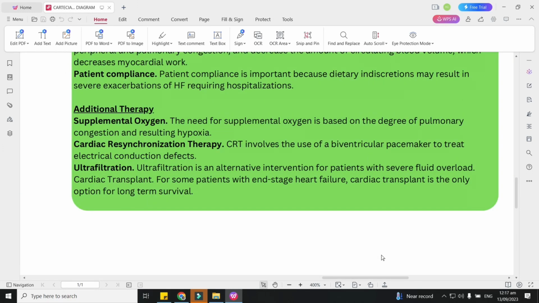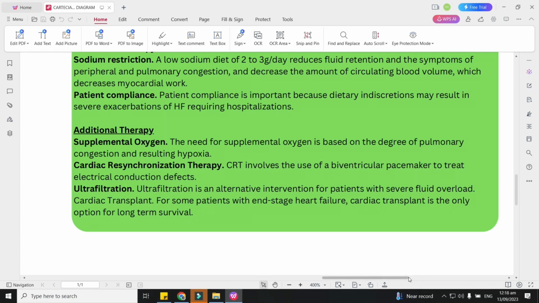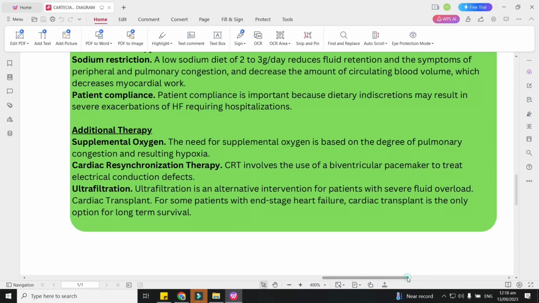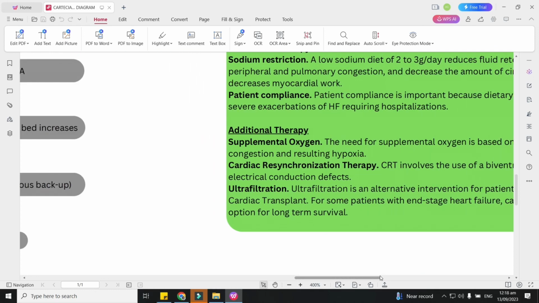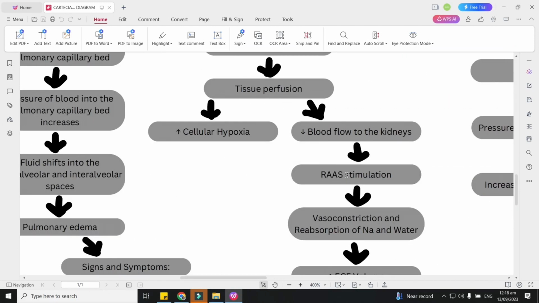For additional therapy, we may give oxygen, cardiac resynchronization therapy, and ultrafiltration. These are other things we can give for those with severe class 3, class 4, right? Classification of CHF, or congestive heart failure.